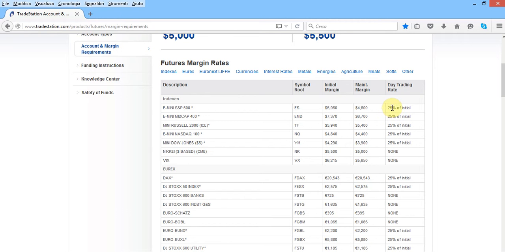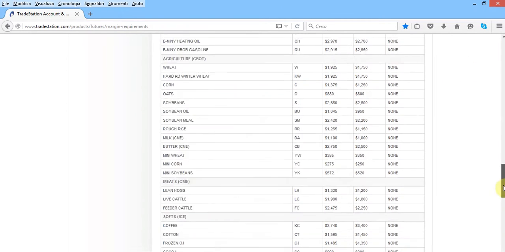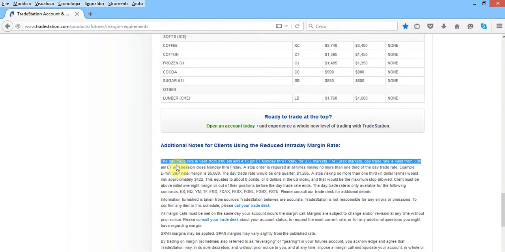To be more precise, it is 20%, 25% of the initial margin if you trade during the day trading hours. The day trade rate is valid from 8 till 4:15 p.m. ET, Monday to Friday.